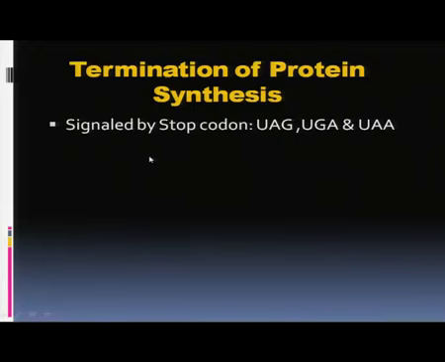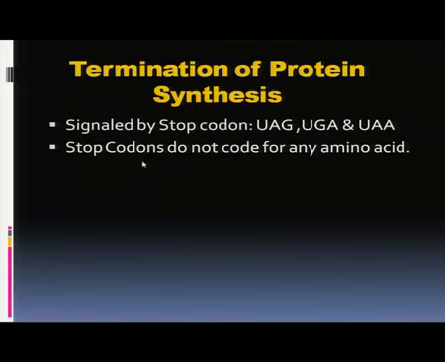As we learned in the genetic code, there are 3 stop codons which do not code for any amino acid, and these are UAG, UGA and UAA. These stop codons do not code for any amino acid, which is why they are also known as nonsense codons.